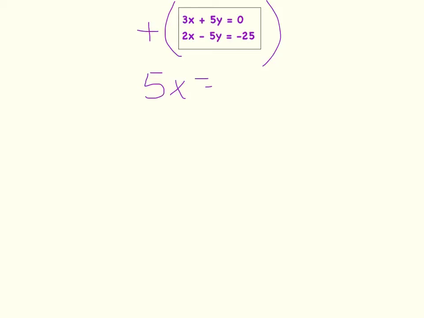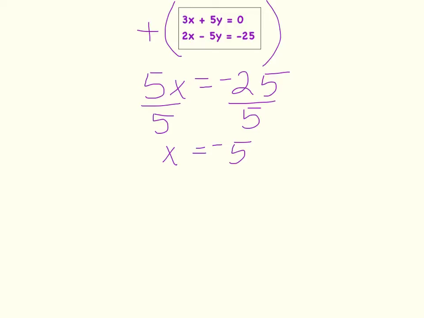And so that's going to be 0 minus 25 is negative 25. Now I have an equation with one variable, and so I can now solve for x. And I will do that by dividing each side by 5. So x is equal to negative 5.